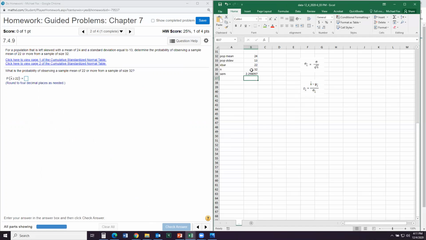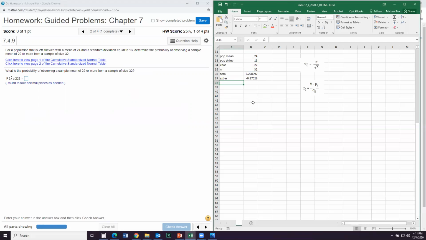And now to find the z-score for x bar, I'm going to say this is x bar minus what's called the mean of the sample means, and we use the population mean for that, divided by the standard error of the mean, which we just calculated. So that gives us the z-score of x bar.